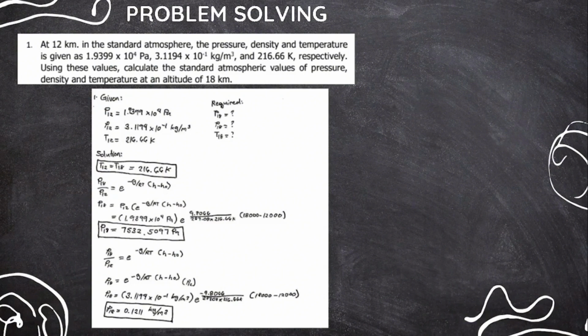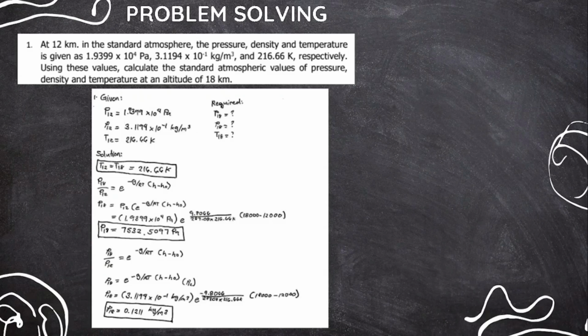The density at 18 kilometers is equal to 3.1194 times 10 raised to negative 1 kilogram per cubic meter, multiplied by e raised to negative 9.8066 divided by 287.08 multiplied by 216.66 Kelvin, multiplied by 18,000 minus 12,000, which is the height difference.